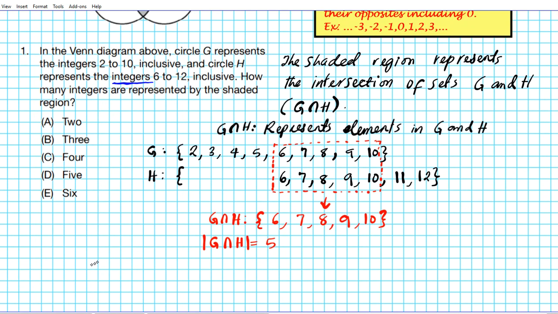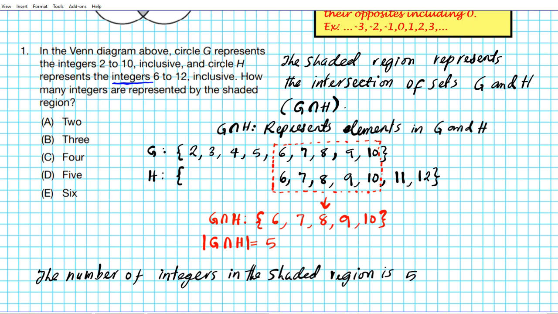The number of integers in the shaded region is 5. So the answer to question 1 is option letter D.